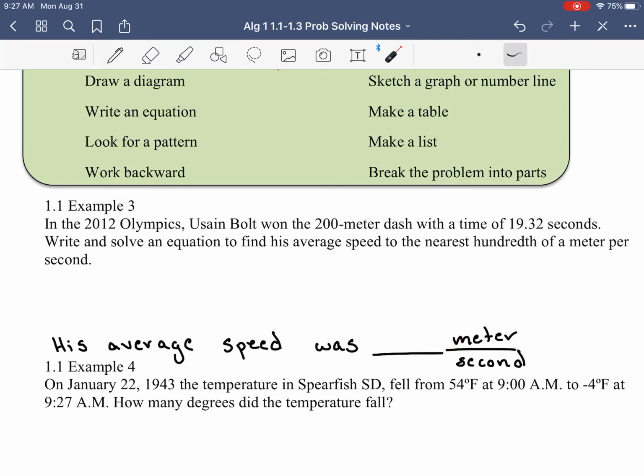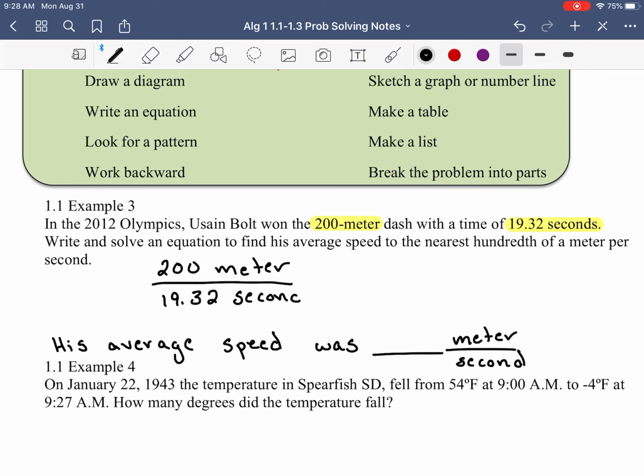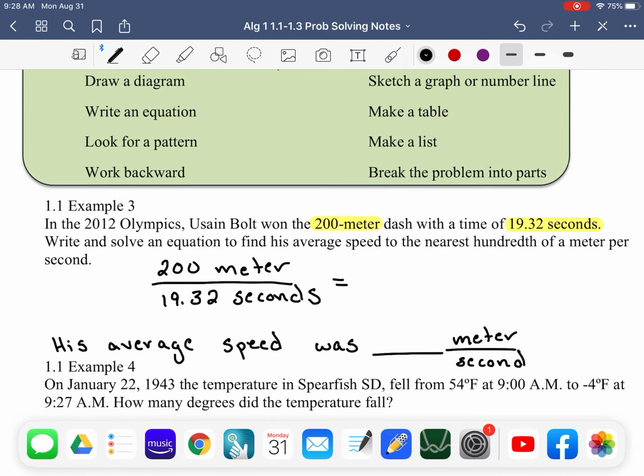Okay, so does it give me my meters and seconds in this problem? Yes, it does. He won the 200 meter dash, so there's my meters, in 19.32 seconds. So he went 200 meters per 19.32 seconds. If I simplify that, that's going to give me my meters per second. So I'm going to bring up a calculator.